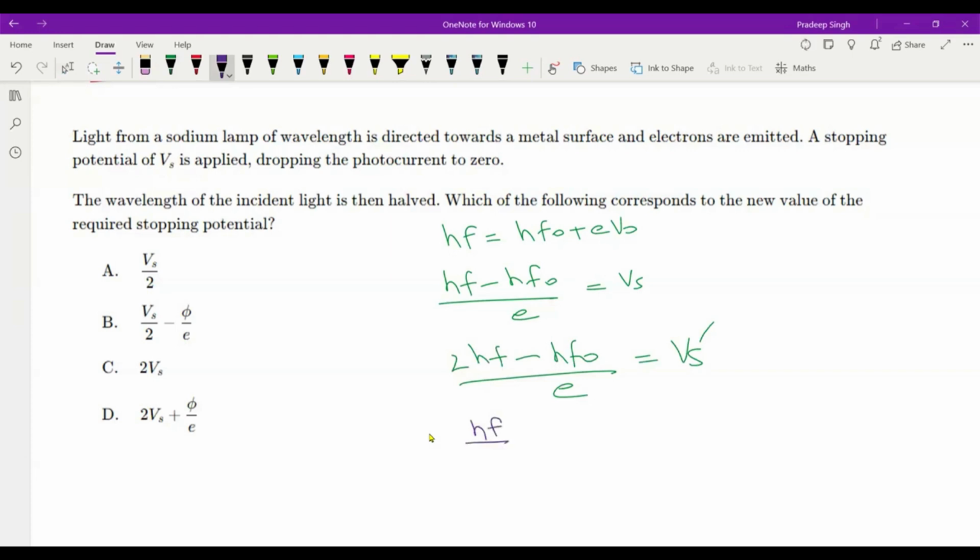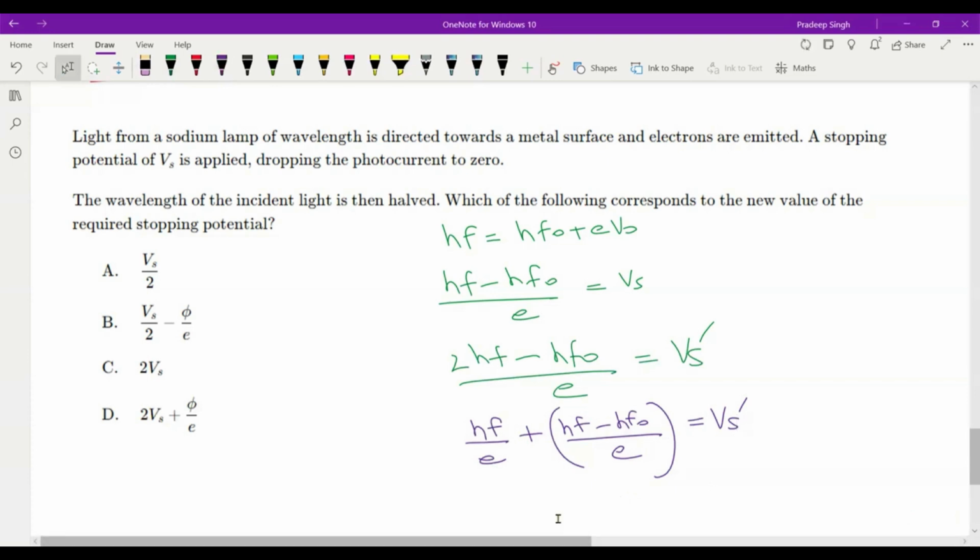Okay, I'm splitting the expression. So can we write this? Oh, yeah, that makes sense. So C is not the right answer.